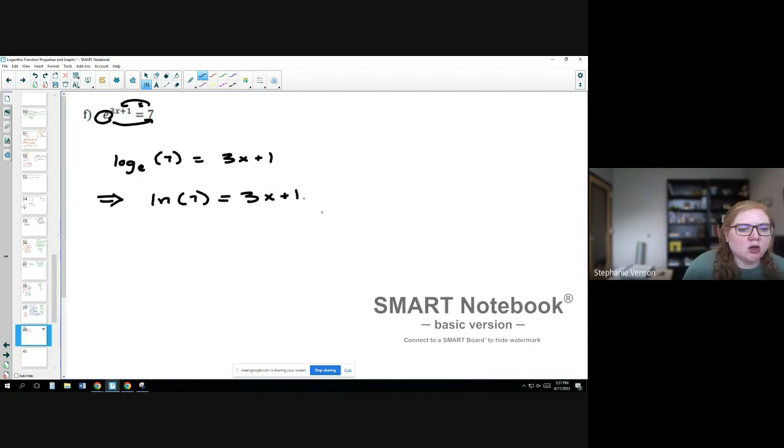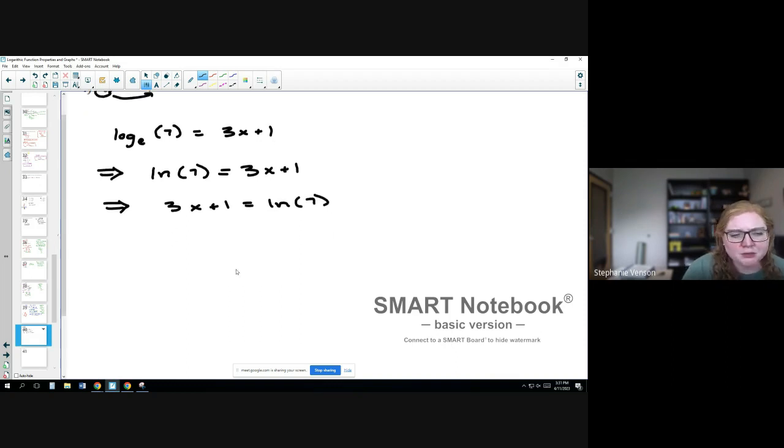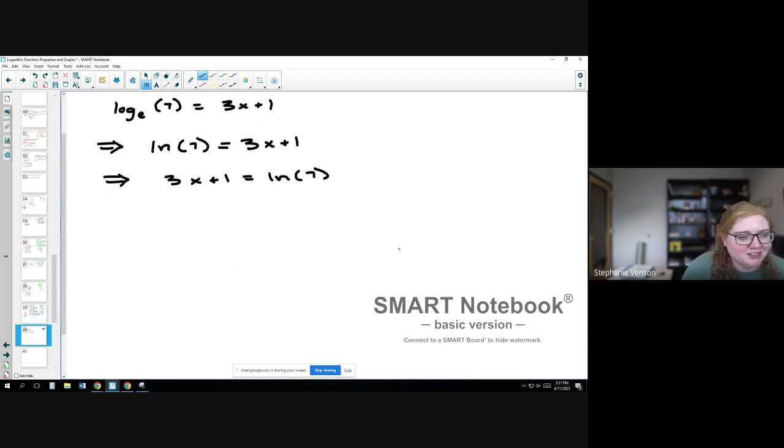And then we're going to solve for x. So I think the first thing I'm going to do is write it as 3x plus 1 is equal to the natural log of 7. And by the way, remember that's ln, not in, natural log. And so then we'll subtract 1 from both sides.